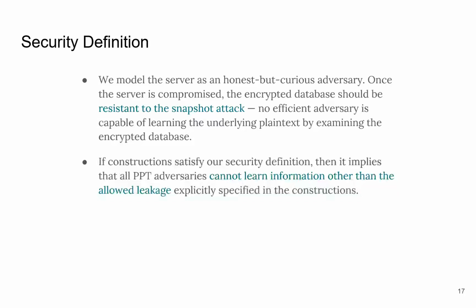If constructions satisfy our security definition, then it implies that all efficient adversaries cannot learn information other than the allowed leakage explicitly specified in the constructions. In our case, we aim at a construction basically with no leakage, whereas the security definition is for the general case, so it has an abstract leakage profile.